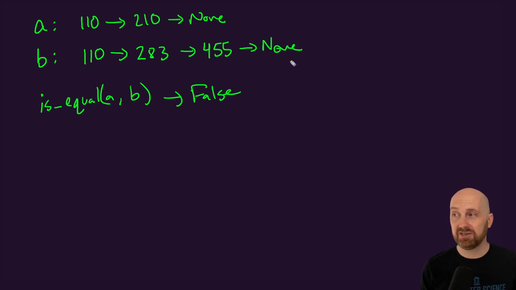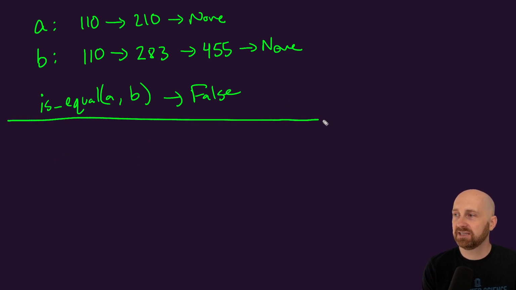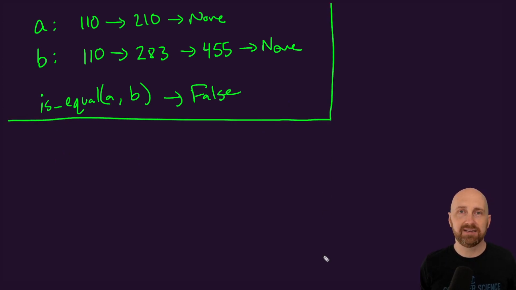These are the lists we'd like to ultimately work towards being able to determine whether they're equal or not. But why don't we start with simpler lists first?